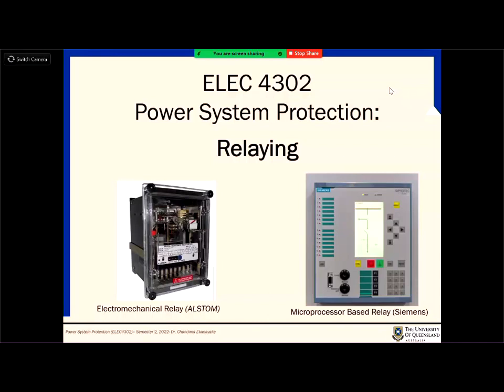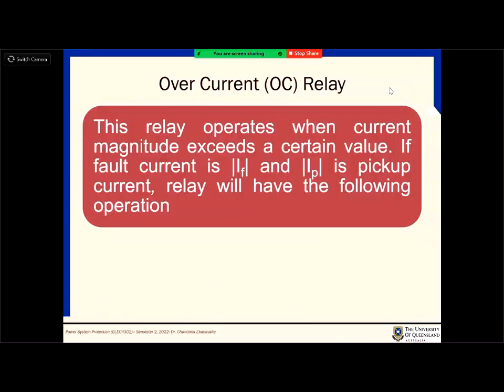So what we are going to learn in the next part is overcurrent relays, right? Basically how the relay operates when the current is exceeding a certain limit. The main thing is that we need to understand two terms called fault current and pickup current. Fault current is the current that you don't have any control over. It depends on the location of the fault, the type of fault, whether the fault has impedance, and whether it is line to line, line to ground, or three phase.